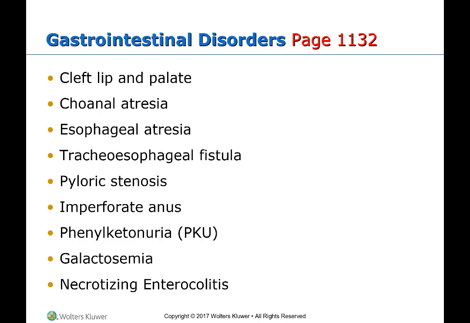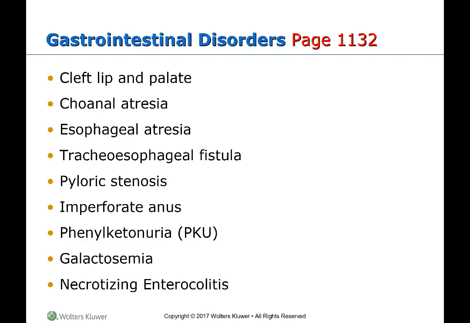We have another one, pyloric stenosis. This is a congenital anomaly. So in the stomach, we have what? We have two openings. We have an opening from the esophagus into the stomach, sometimes called the cardiac sphincter. We also have an opening at the bottom of the stomach that goes out into the duodenum, and that's called the pyloric sphincter. So what if the muscles around that sphincter were really big?